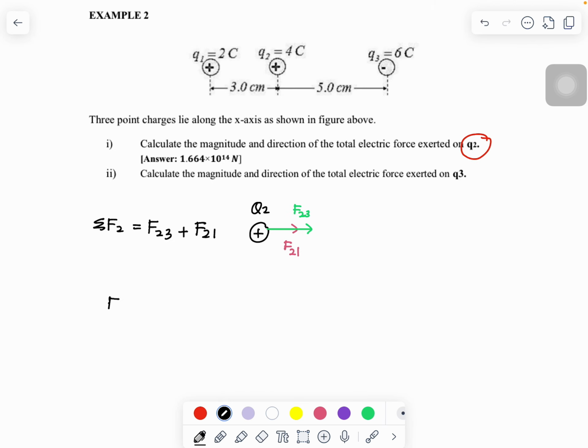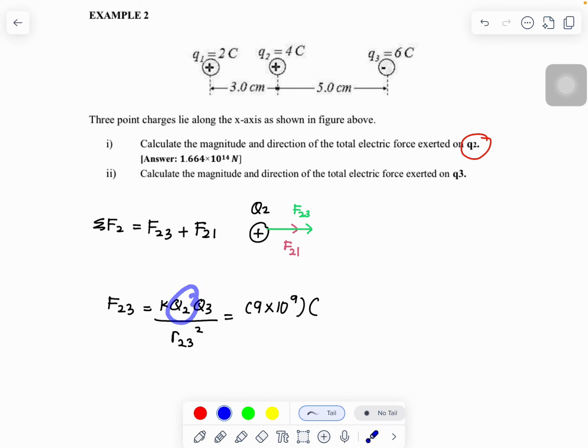Okay, so we have F23, okay, using formula K, Q2, Q3, since it's between 2 and 3, and the distance between 2 and 3, squarekan. And just masukkan constant K, and then Q2, so Q2 adalah positive 4 coulomb, and then Q3 adalah negative 6 coulomb.